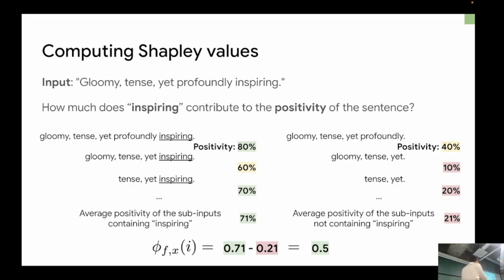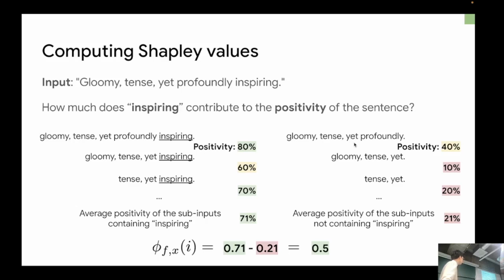And in practice, how you compute this is something like this. When the input is "gloomy, tense, yet profoundly inspiring," you consider all possible decompositions, or all possible subsets containing the word inspiring. So you're going to have "gloomy, tense, yet profoundly inspiring," which is the original. You're also going to have "gloomy, tense, yet inspiring," or "tense, yet inspiring." And eventually you're going to have a sequence with just "inspiring," right? For each case, you compute the positivity of the sentence.